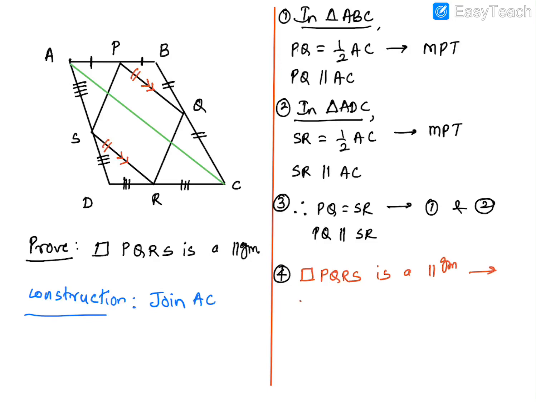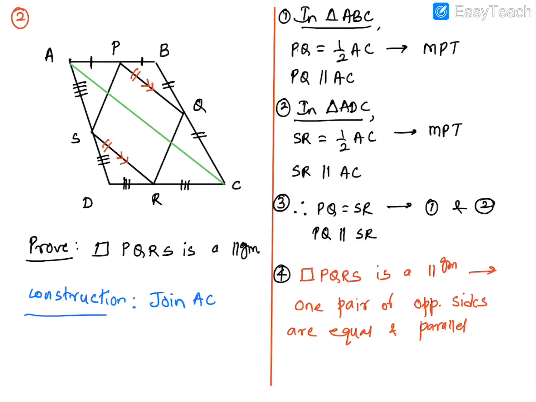Because one pair of opposite sides are equal and parallel, or parallel and equal, same thing. Got it? So if in a quadrilateral any one pair of sides is equal and parallel, then that becomes a parallelogram.